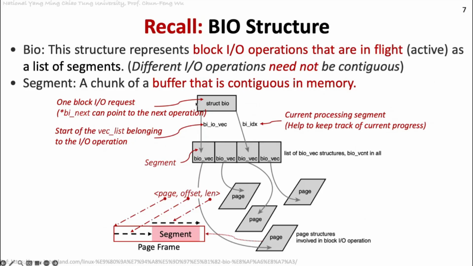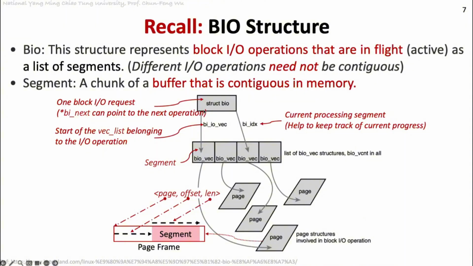Okay, so the block IO request is submitted from the file system. For example, we will read several segments. We will read the first segment using one BIO vector, and for the second BIO vector, maybe we are reading from another segment, or even writing to that segment. So we can combine several segment operations together using only one BIO structure to describe them.